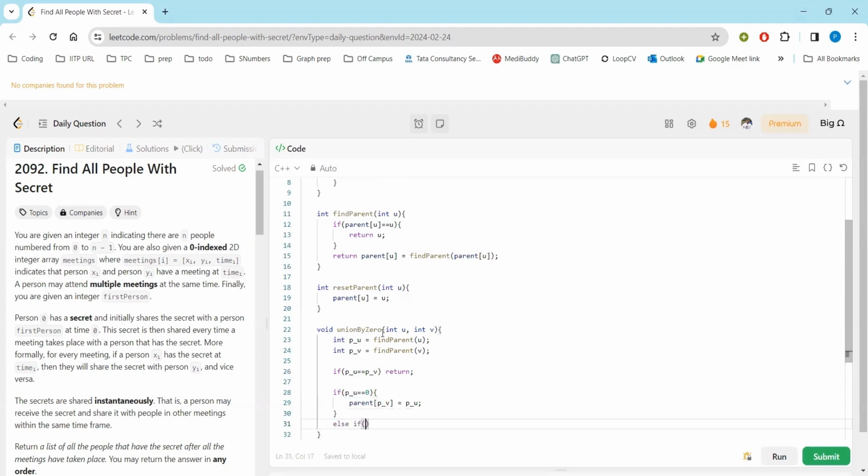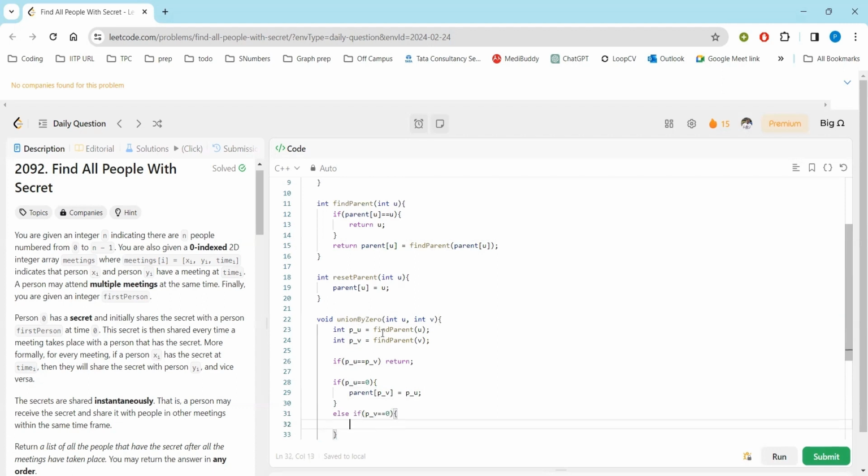Else if pv is zero, the ultimate parent of v is zero, that means v also knows the secret and there is a meeting between v and u. That means now u will also know the secret and the ultimate parent of u will now also be zero. That means parent of u will also be 0.